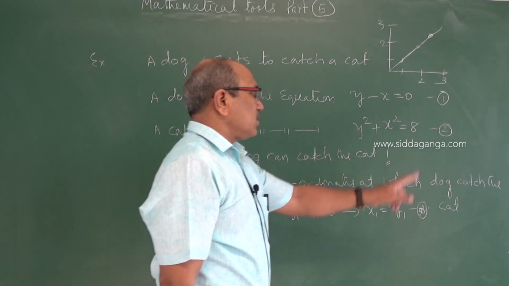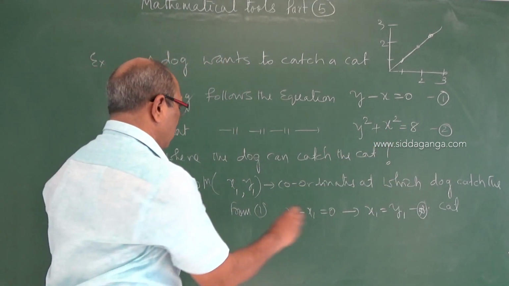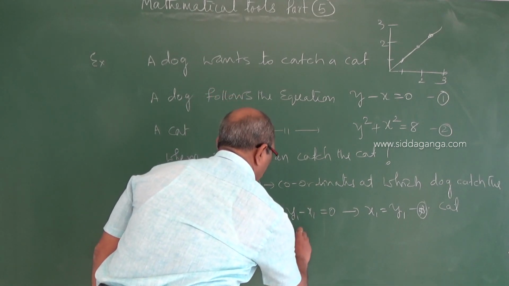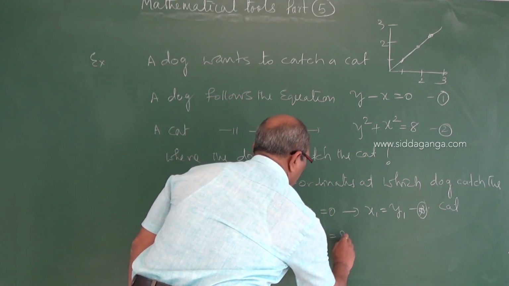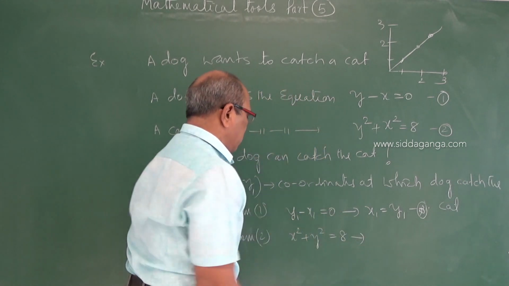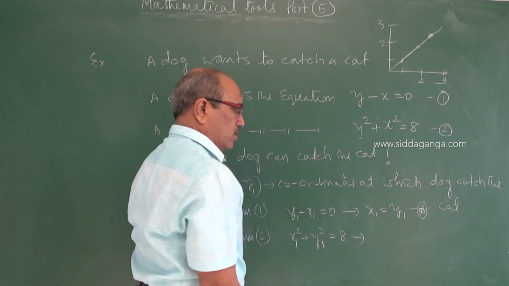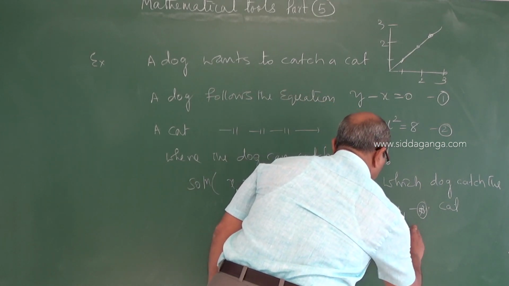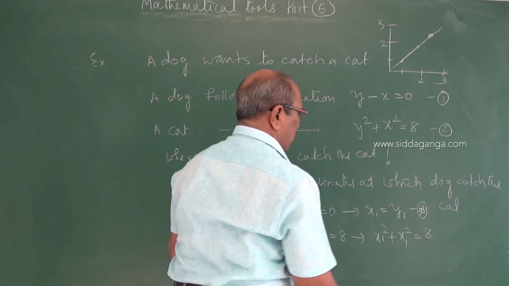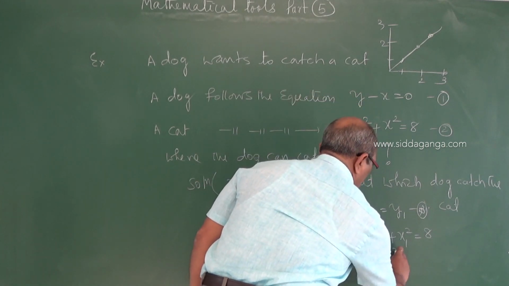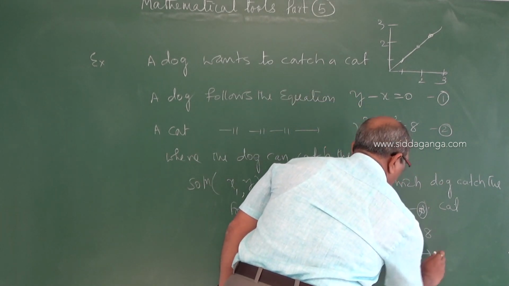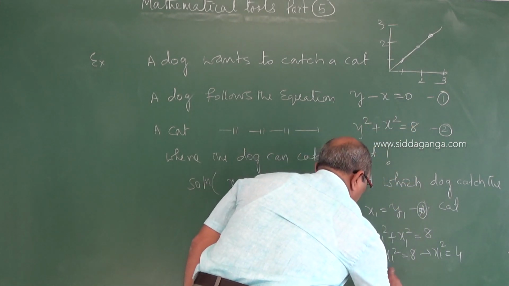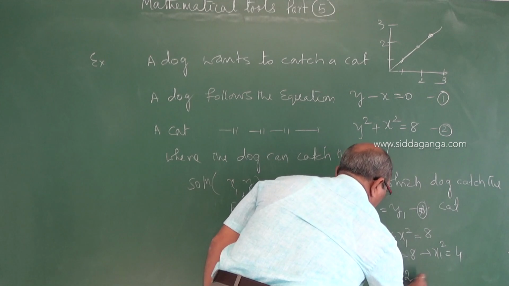But y square plus x square is the cat path. From equation 2, x square plus y square is equal to 8, I can write, substituting from this, x1, y1, so that x1 square plus x1 square is equal to 8, which makes 2x1 square equal to 8, or x1 square is equal to 4, or x1 is equal to plus or minus 2.